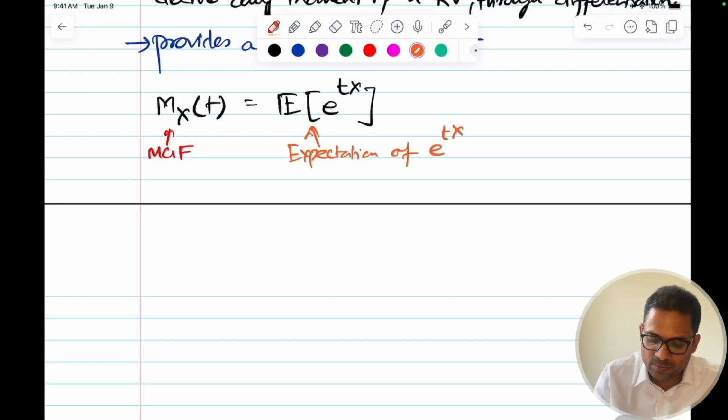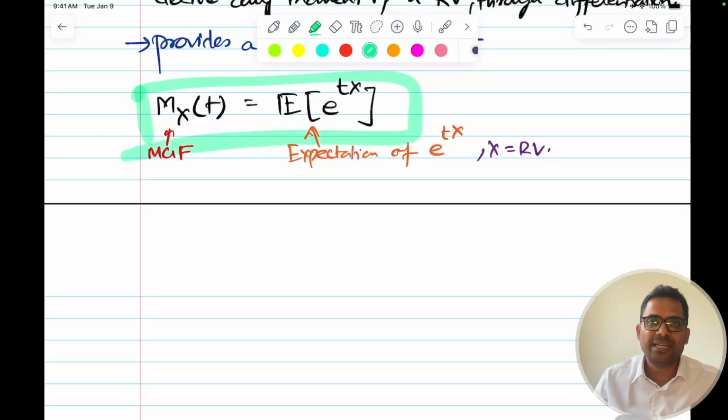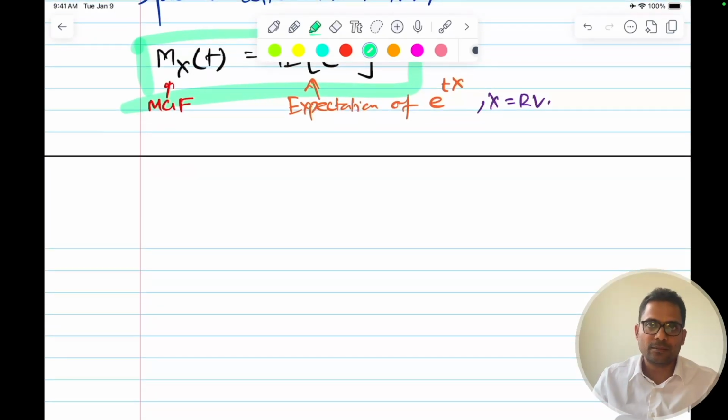This is the MGF, the moment generating function, and X is the random variable. Let's see what is the main magic behind this.